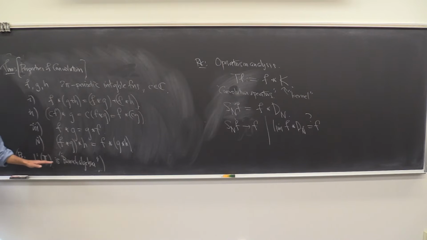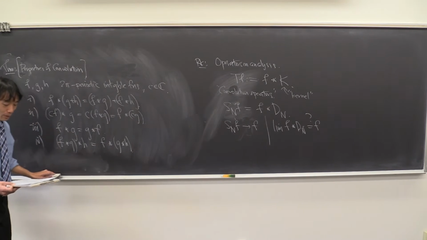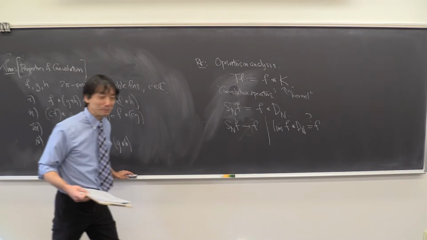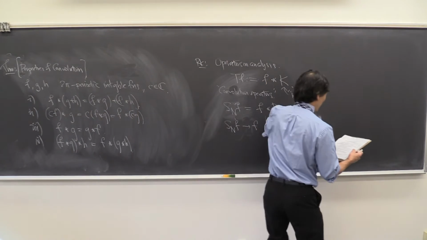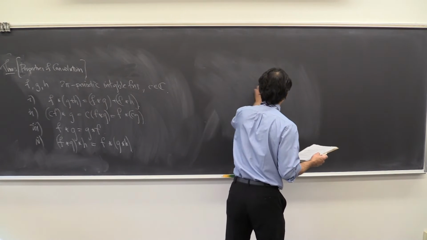Okay. In other words, it's a complete normed vector space with an algebra structure that works well with the norm. But anyway, that's not important. It's just a side comment. Okay. So those are the pretty straightforward ones.